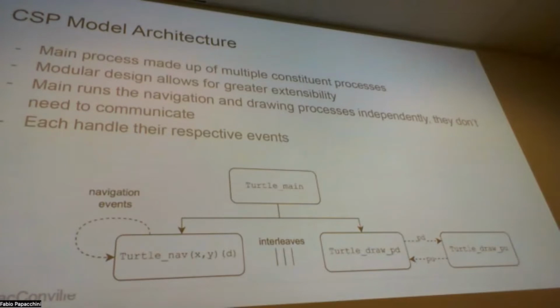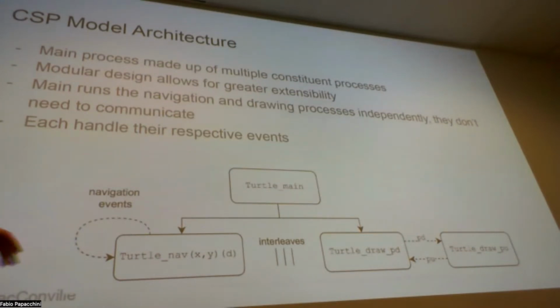And this modular design, as it usually does, allows for greater flexibility, extensibility, swapping parts in and out, and developing. It arose throughout the development process when I realized the first version was a single monolith, and it was horrible to work with and extend. I thought, wait a second, there's a better way of doing this, and it makes reasoning about it easier as well. And so this main process kicks the whole thing off.